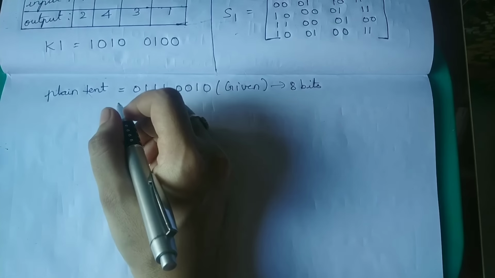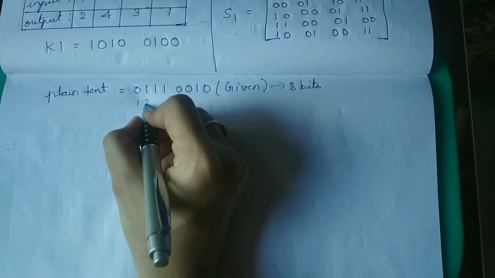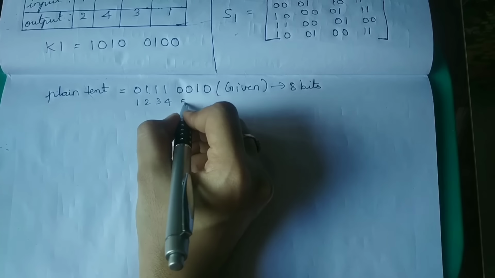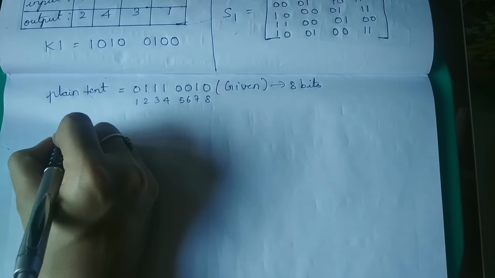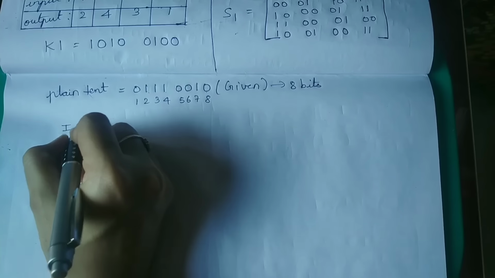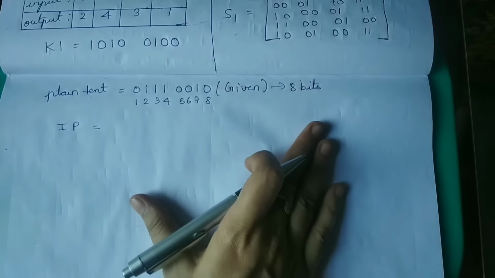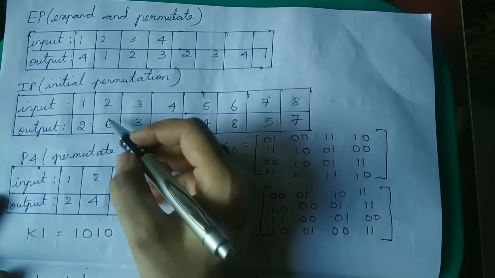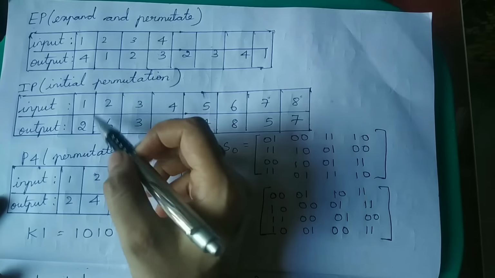Now let us number this plain text starting from 1. 1, 2, 3, 4, 5, 6, 7, 8. Now let us perform the initial permutation operation to this plain text. Here we are looking at the initial permutation table.